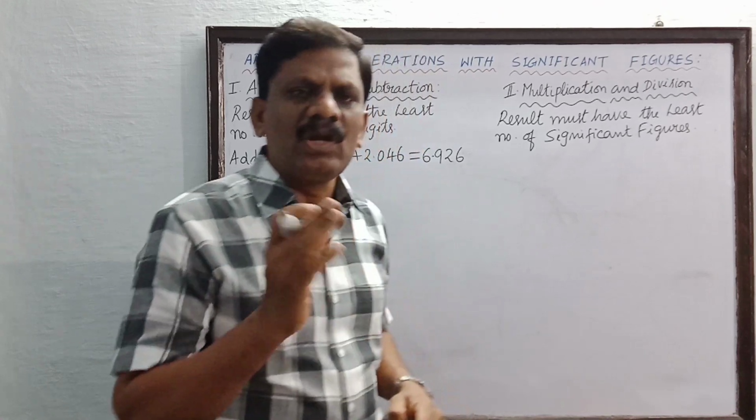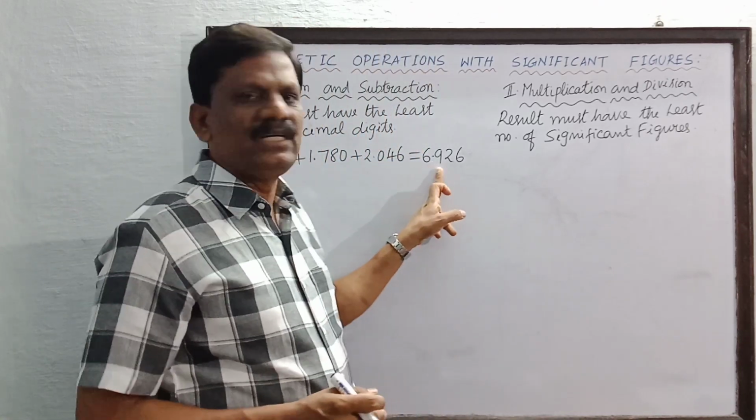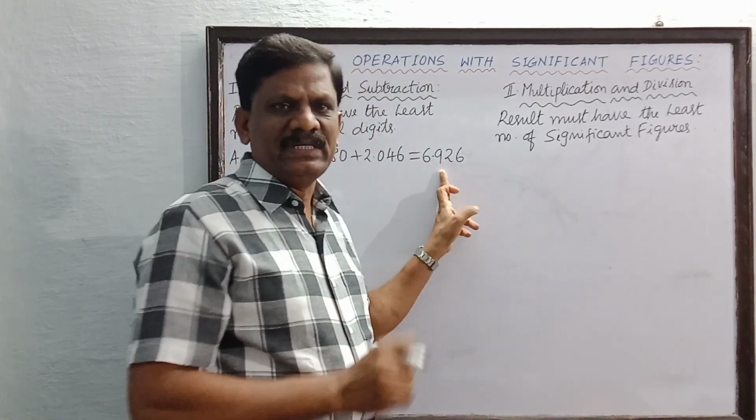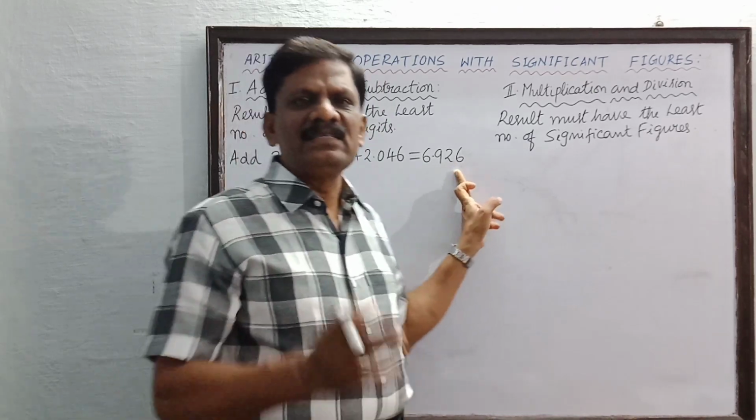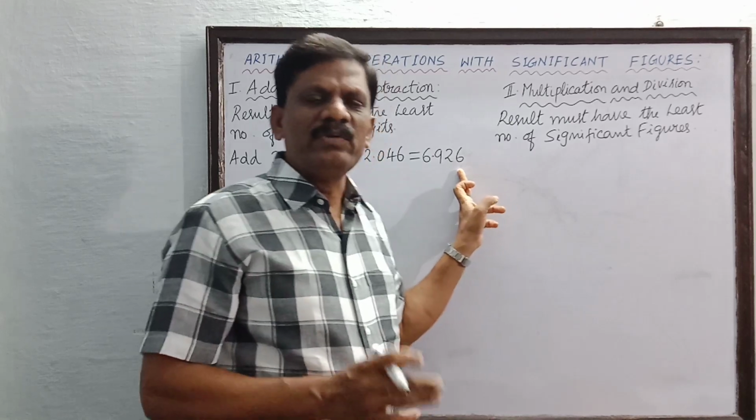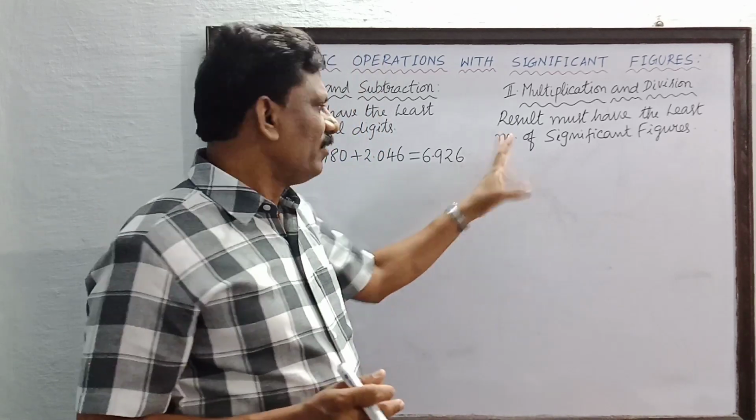If you want to round it off to the first decimal digit, we have to see the next number, the second decimal digit. It is 2. If it is less than 5, then you can drop that 2 and the following 6.